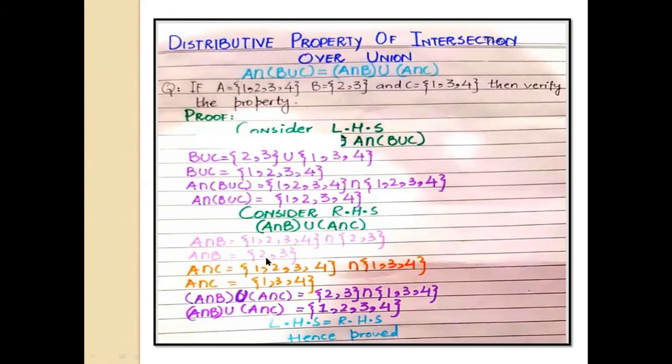Now the right hand side, there are two brackets. First you will solve A intersection B, then A intersection C, and then you will combine the sets. So you will get left hand side equal to right hand side, hence your property will be proved.